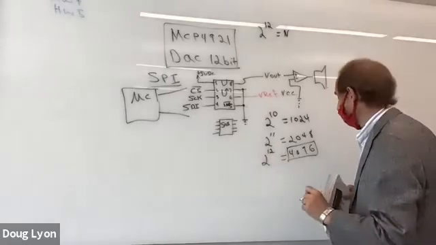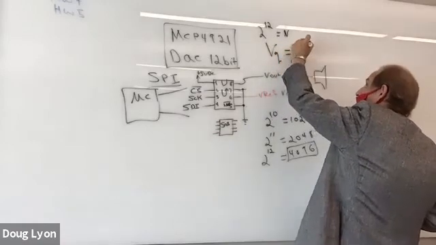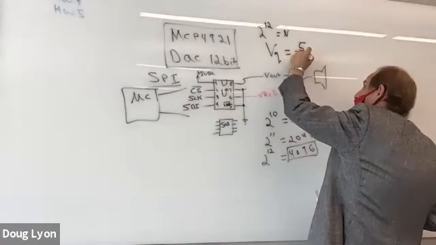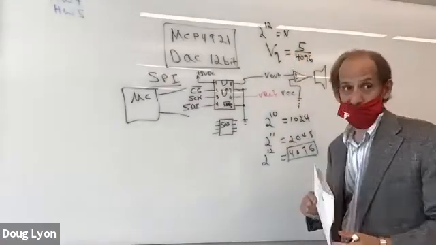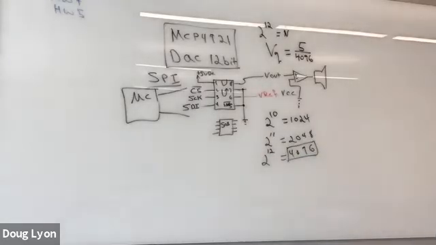And what that means to you is that you have a quantization noise, V sub Q, which is equal to 5 volts divided by 4096. That's your quantization noise. That's a number. I don't know what the number is, but it's relatively small. I can tell you what the number is. I had a calculator on my little iPad. So anyway, it says here that 5 divided by 4096 is equal to 0.001 volts.